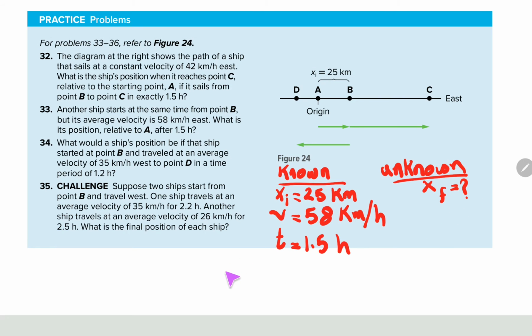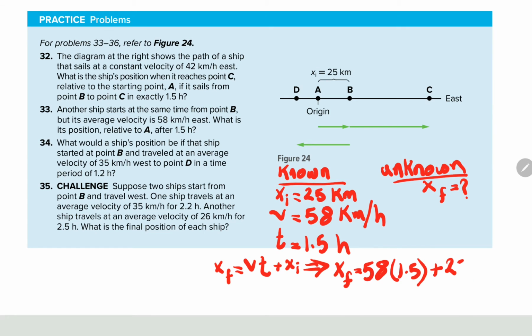Our equation is x final equal to vt plus x initial. X final equal to v, which is 58, multiplied by the time, which is 1.5, plus x initial, which is 25.